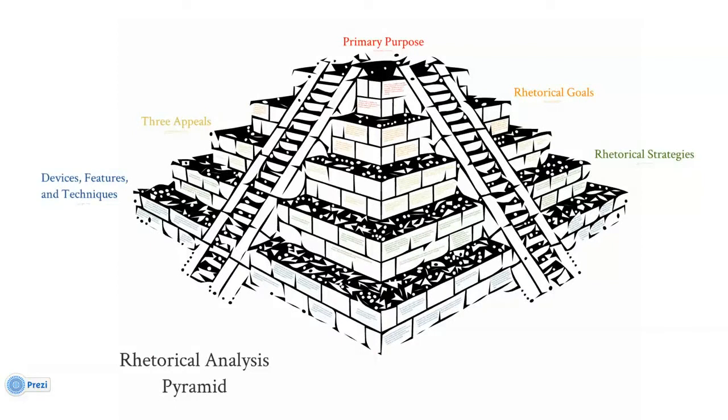A rhetorical analysis pyramid that I have filled in for all that stuff that I found in Virginia Woolf's Professions for Women. All right, so just like in the last one, I'm going to start with the very top, but this time I'm not going to work completely from the top down. I'm going to start at the top and then jump down to the bottom and then work my way to the middle.